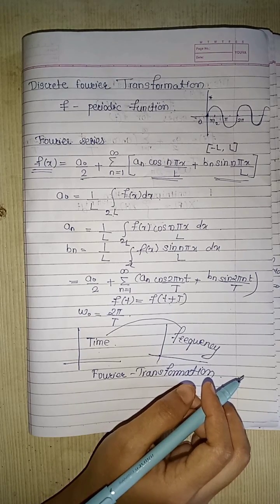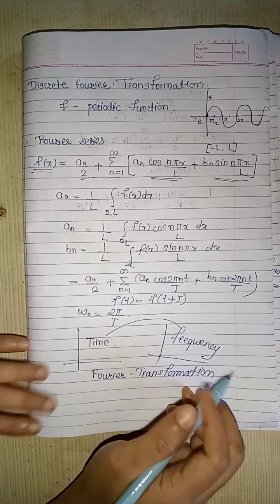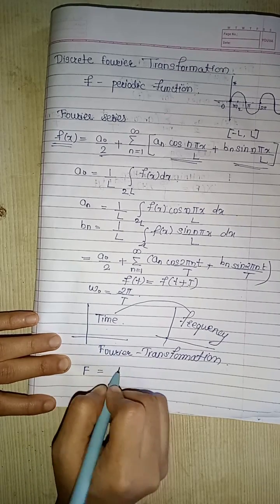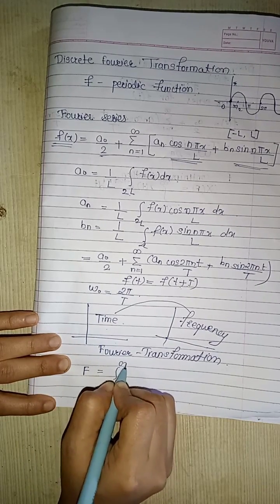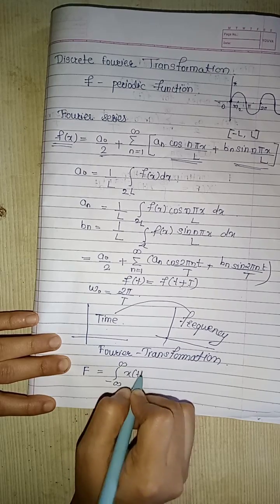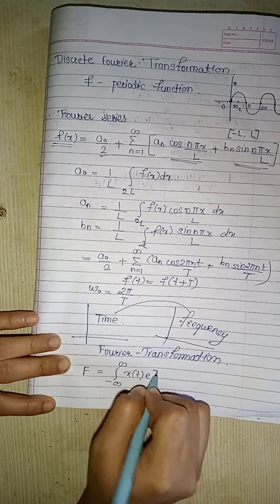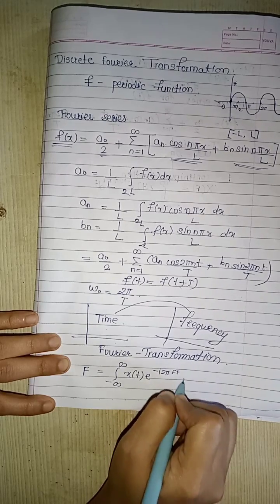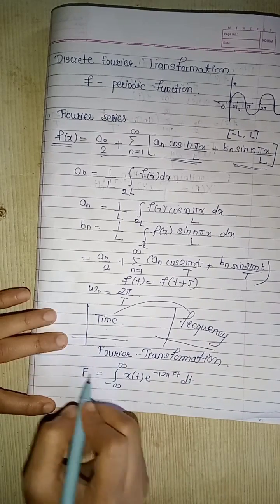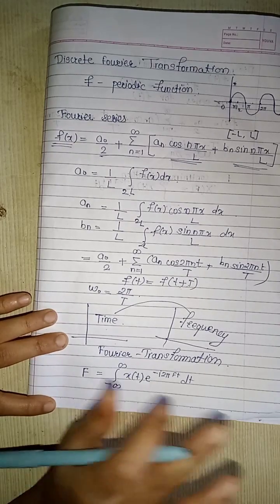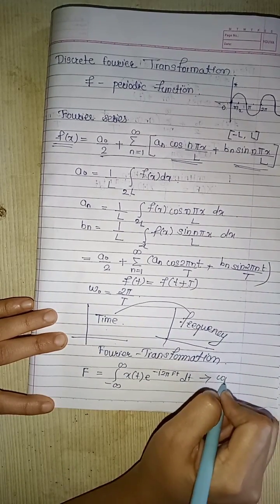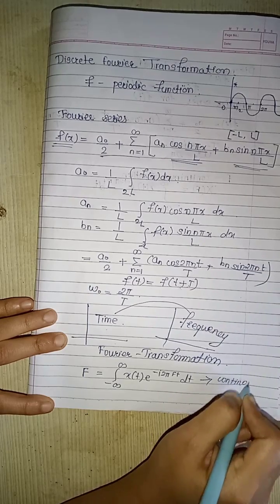The formula for this Fourier transformation is X of f equals the integral from minus infinity to infinity of x of t e raised to minus i 2 pi ft dt. This formula is applicable for a continuous function.